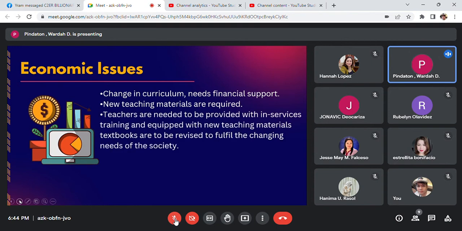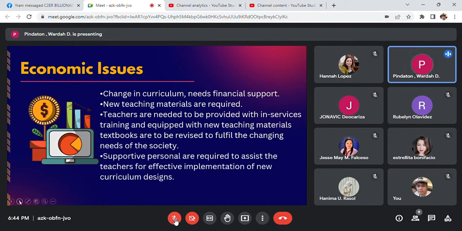Third, teachers need to be provided with in-service training and equipped with new teaching materials. Textbooks are to be revised to fulfill the changing needs of the society. And fourth, supportive personnel are required to assist the teachers for effective implementation of new curriculum designs.